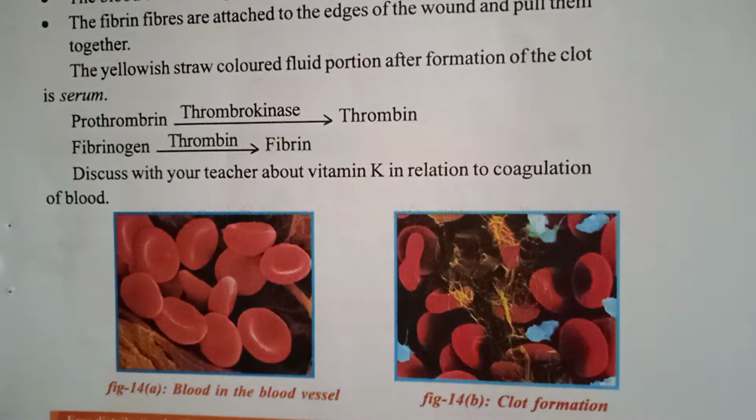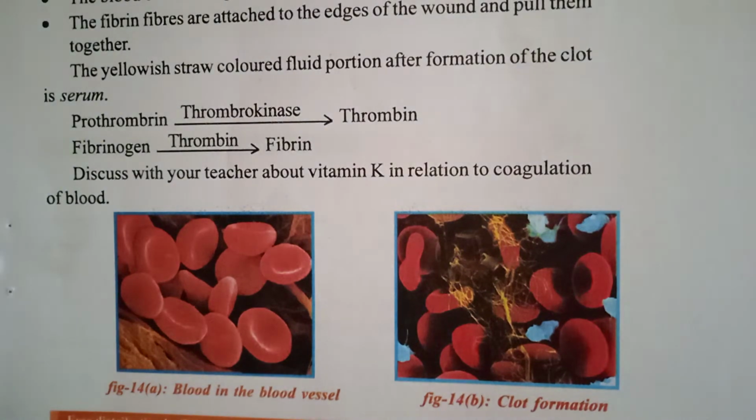Thereby a seal is formed, loss of blood is prevented, and the person is put in a safe condition. Now I am telling you what changes and processes are involved in clotting of blood.